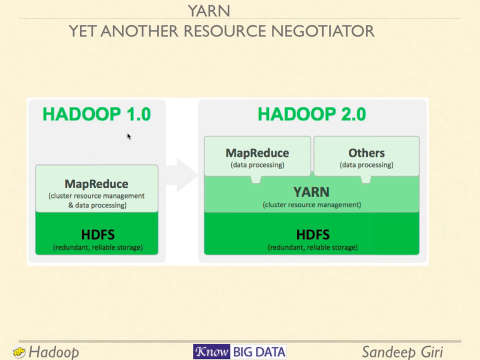If you were running on Hadoop 1.0 earlier, you can safely run on Hadoop 2.0. Just that you will have to take out all your MapReduce jobs, recompile them, and push them again.